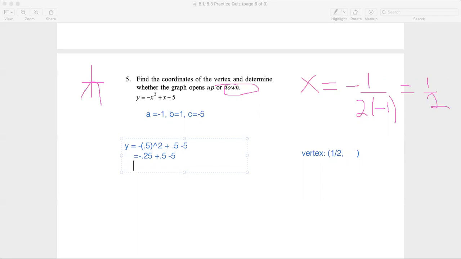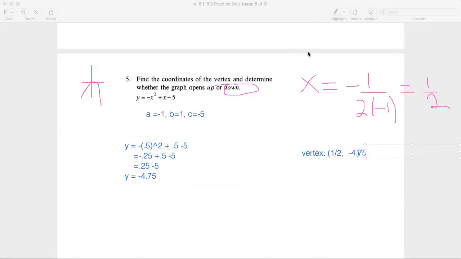So -0.25 plus 0.5 is positive 0.25 minus 5. So y equals -4.75. So that means your vertex is at 1/2, -4.75. And we already established that it is facing down.